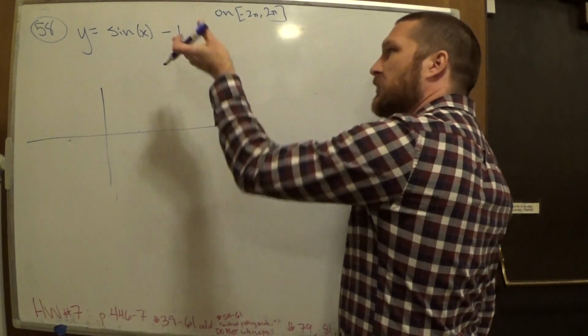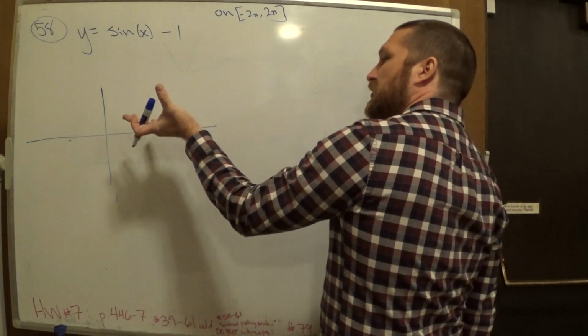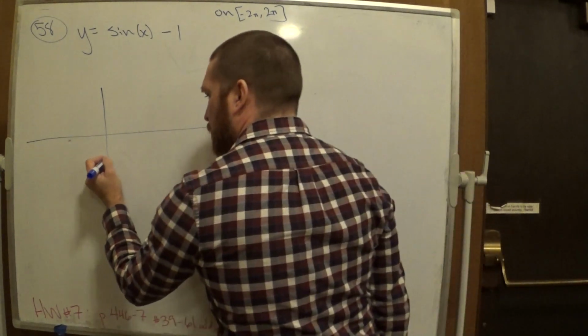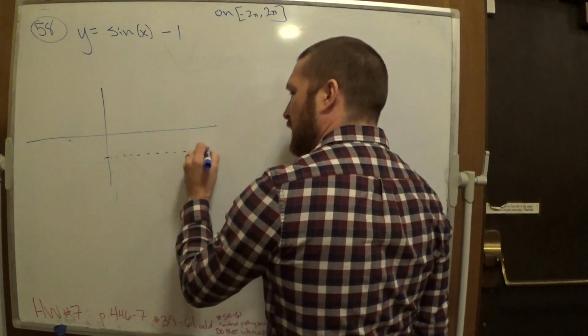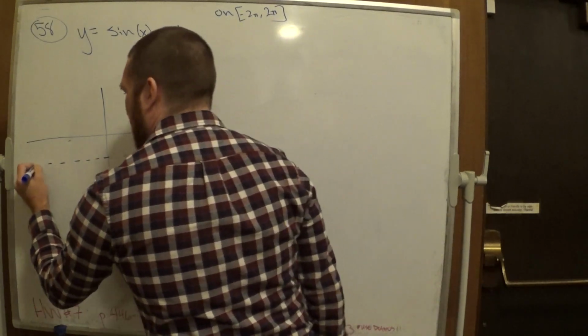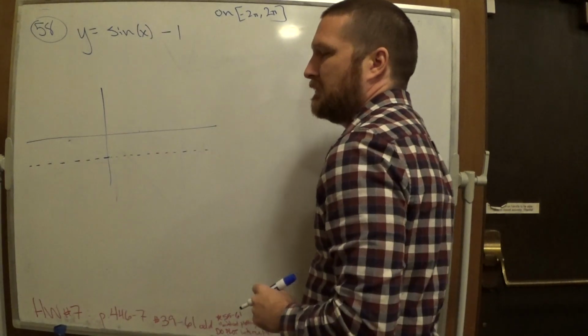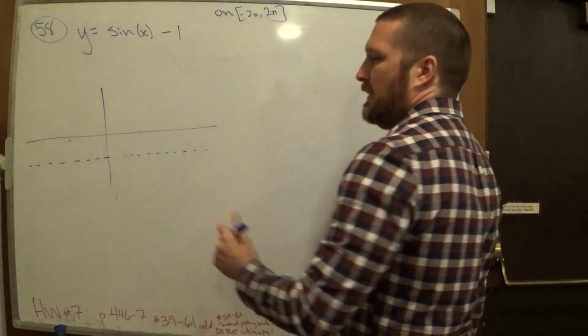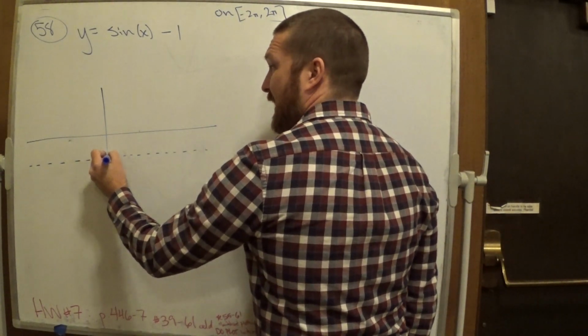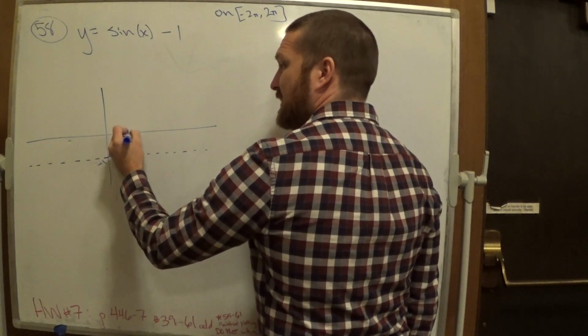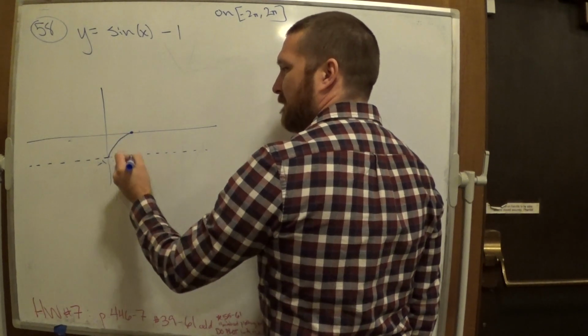Now since we're subtracting 1, we're going to take the graph of sine and shift it down to minus 1. I'm going to start by doing a dotted line this way. Now I'm going to forget that the x-axis exists. It starts here, and it is going to touch right there.